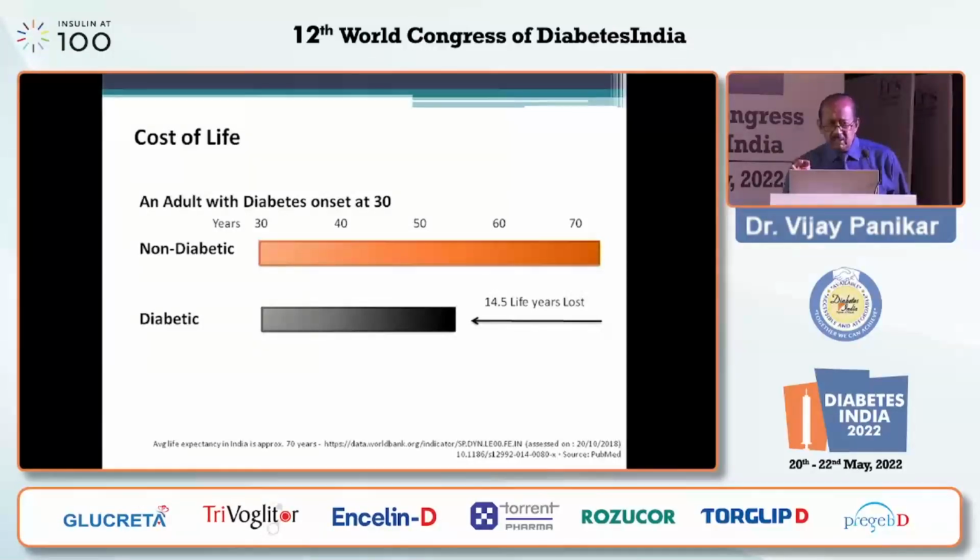So when you're treating a diabetic, this is what you have to keep in mind, that you're not treating diabetes to control his sugar. You are treating him holistically so that he has a nice, healthy, long life, and that 14.5 years which he stands to lose, you can save for him. That should be your attempt.